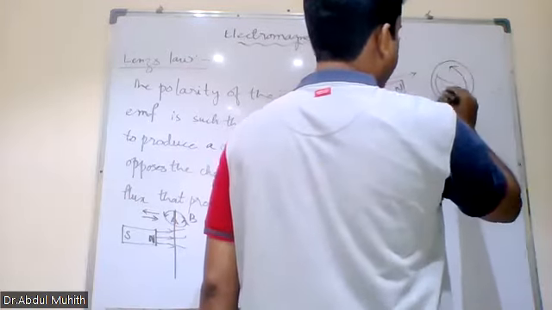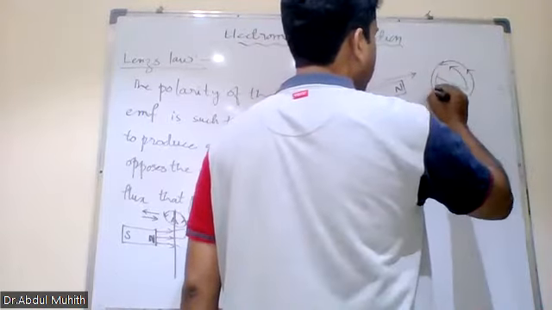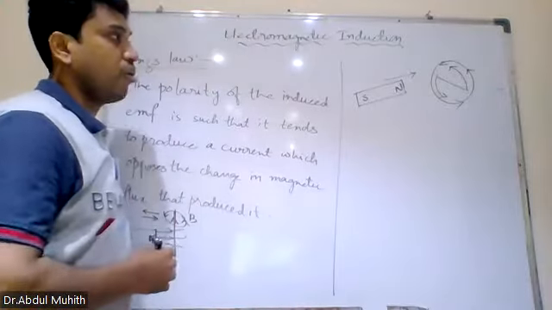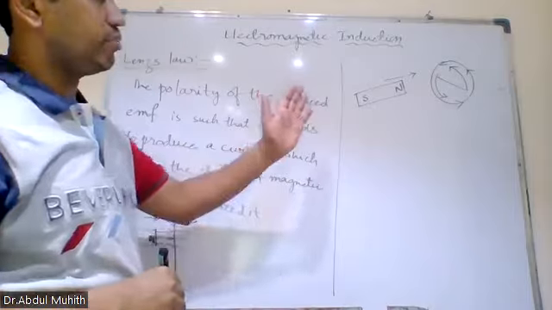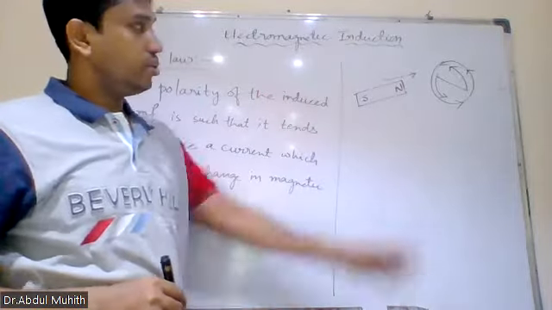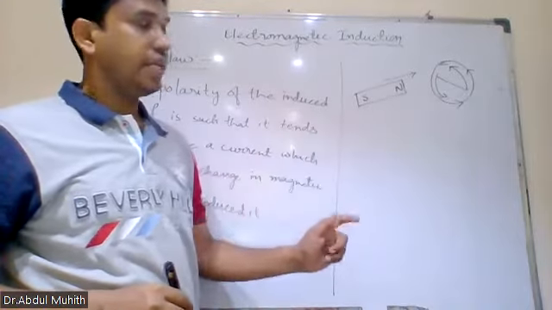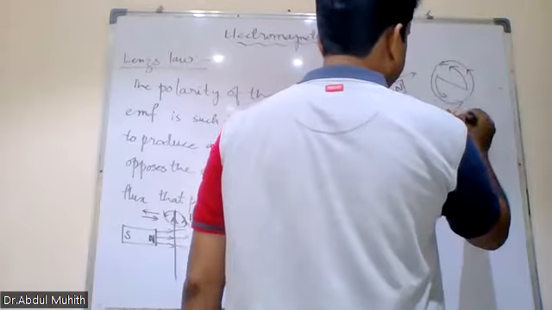A North Pole is formed here, which means the current is flowing in the anti-clockwise direction. Once again, when the magnet is moving towards the coil, a North Pole is formed, and the induced current is in the anti-clockwise direction.